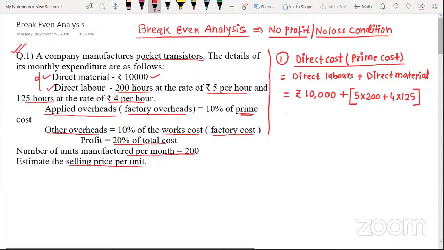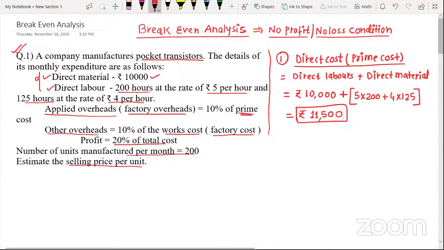The total you will get is rupees 11,500. So we have got the direct cost, which is also known as prime cost.